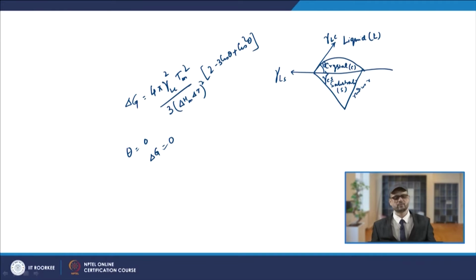So, when the metal in the weld pool is in intimate contact with the substrate grains, there will be no barrier to the nucleation, and nucleation will occur without much difficulty.